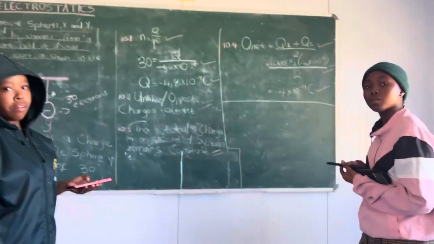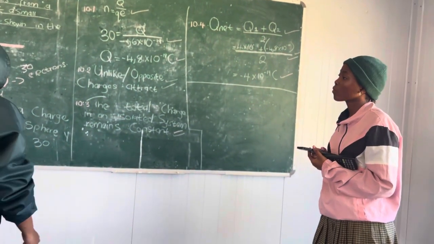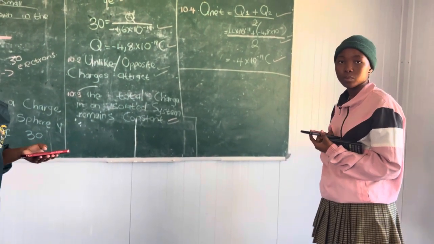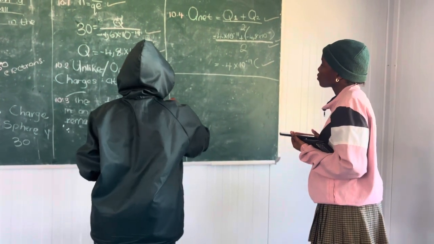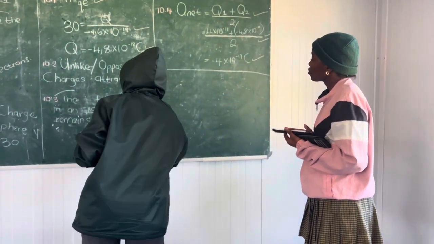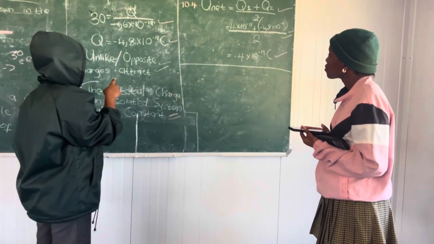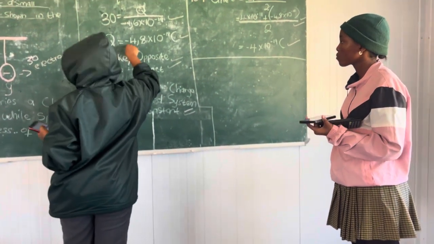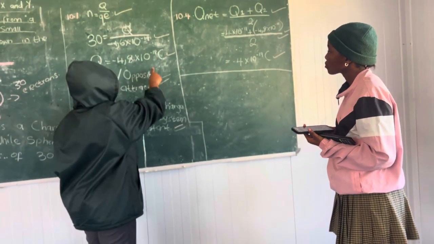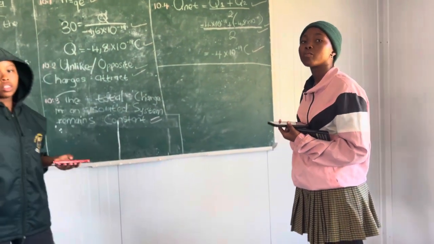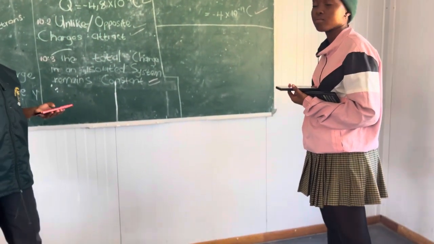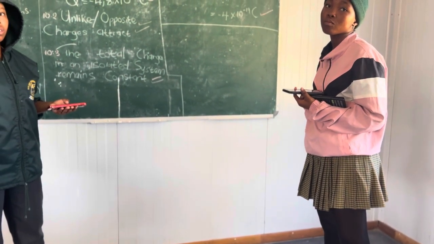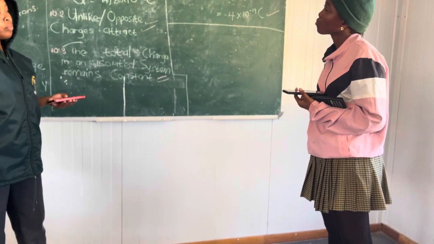You said electrons will move from Y to X. So if you calculate this, it means the charge was minus 4.8 and now it's 4.